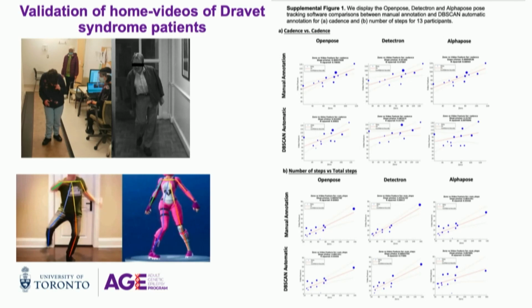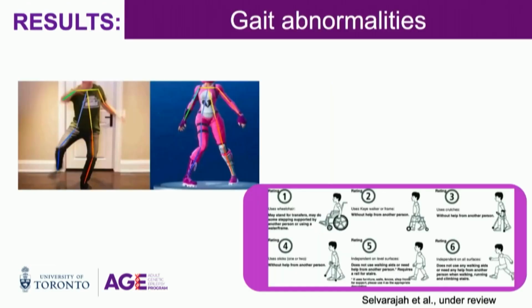Very complicated, but it is validated. It can be used to evaluate gait from a distance. You don't have to bring the patient to the gait lab. And that was very important for us because with a rare disease like Dravet, you can't bring everybody to Toronto.